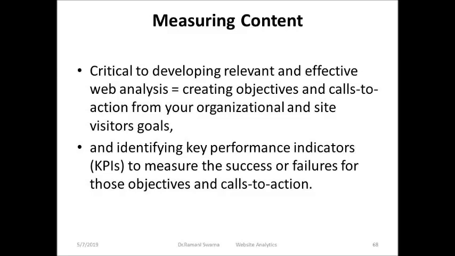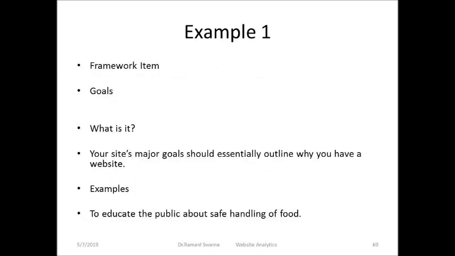Now here I can give you certain examples to understand and to build a measurement framework for an informational website. The framework item will be titled goals. What is it meant for? It is meant for the website's major goals, which essentially outline why you need your own website. Examples would be to educate the public about safe handling of food.